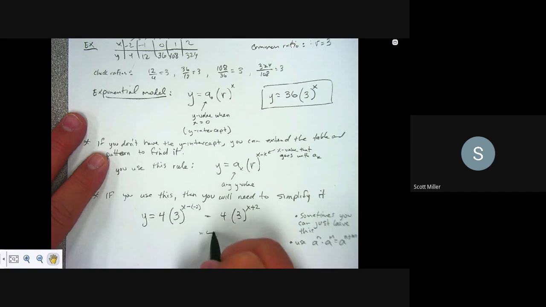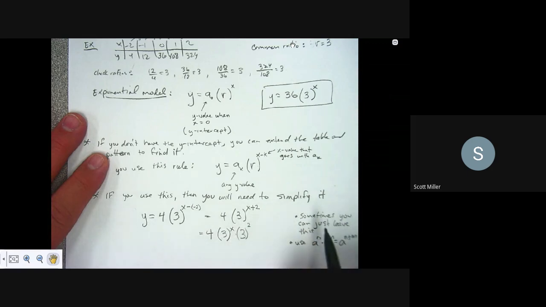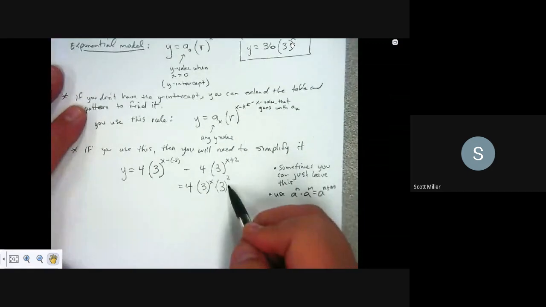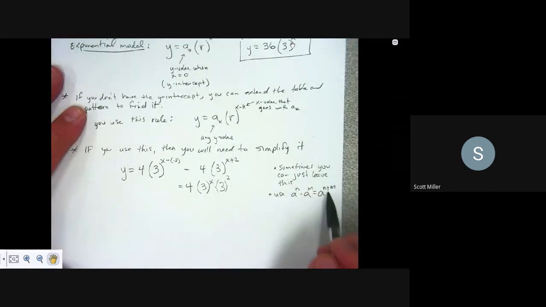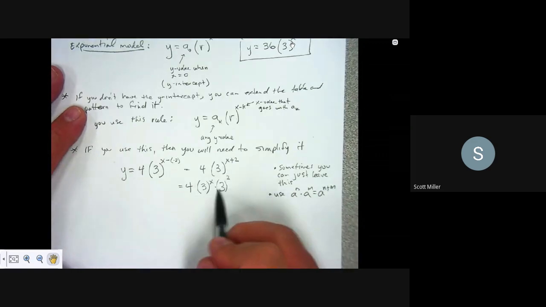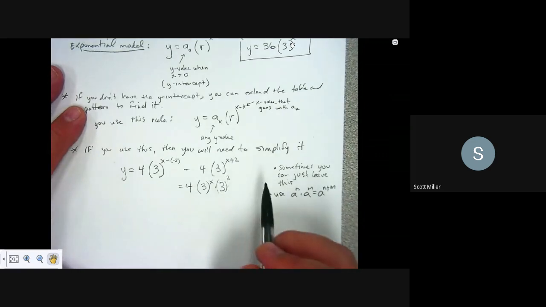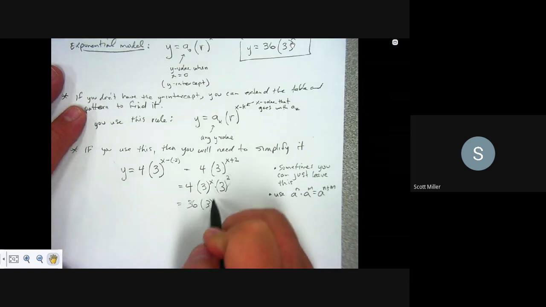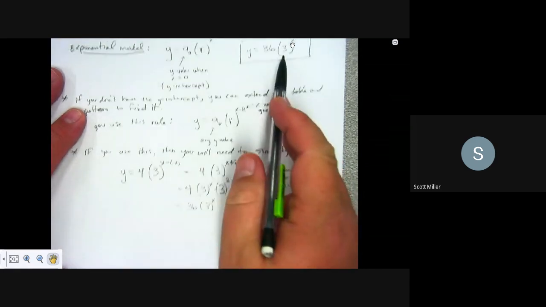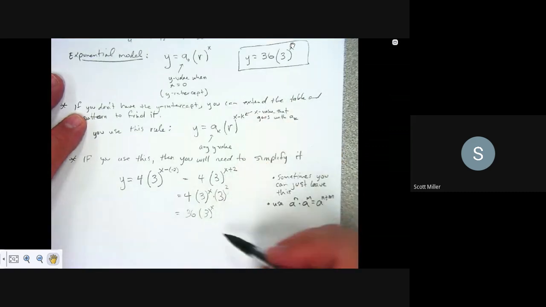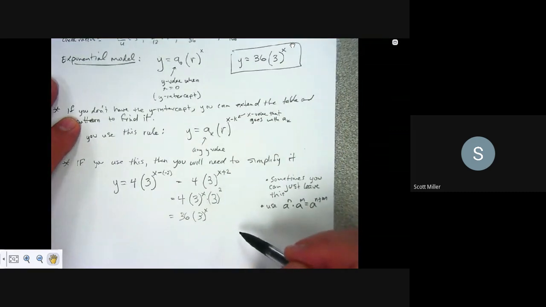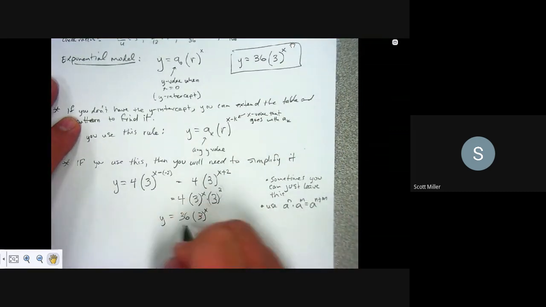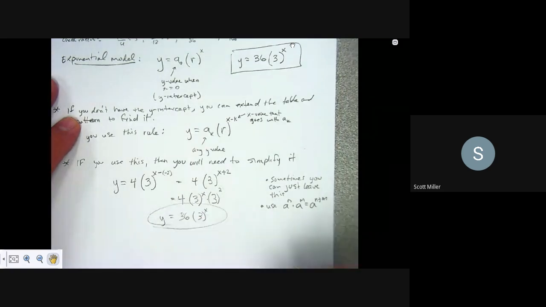So this becomes 4, and I can write this as 3 to the x times 3 to the second. And that's a number. That's a number, see? So I can use that rule. I can split it back apart. And that number right there is 9. 9 times 4 is 36. And I can get back to this model up here that we had by solving this out over here. Okay? So this is another option available to you to get to this model right here.